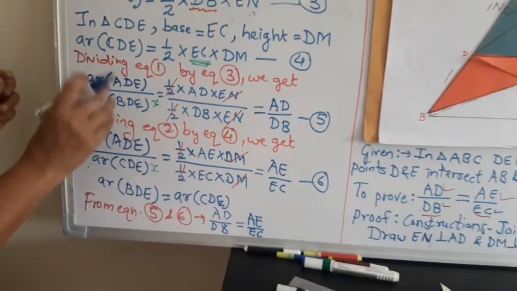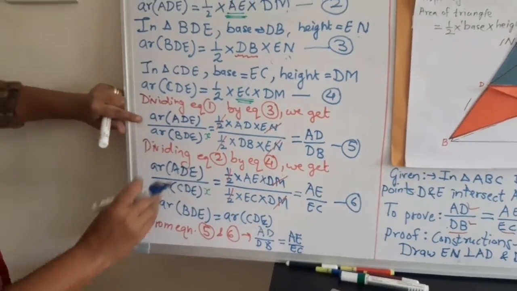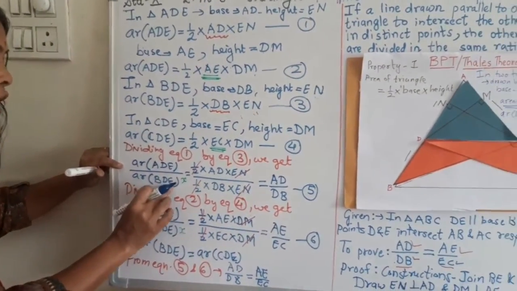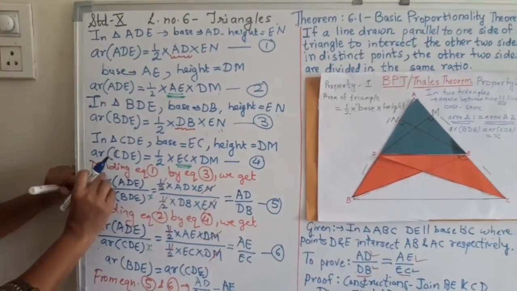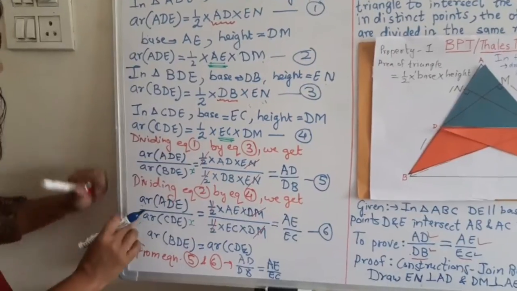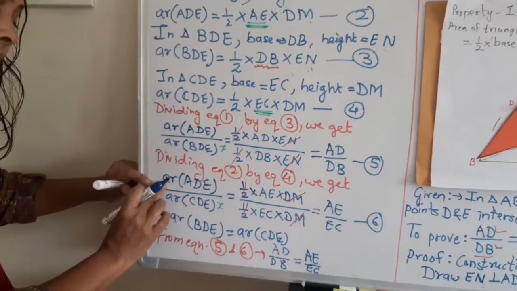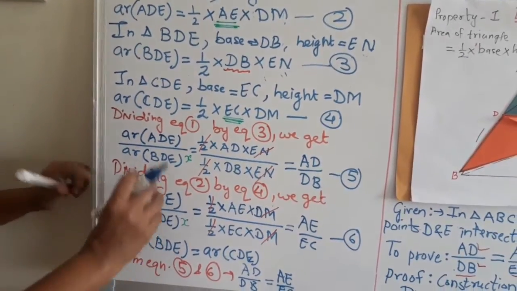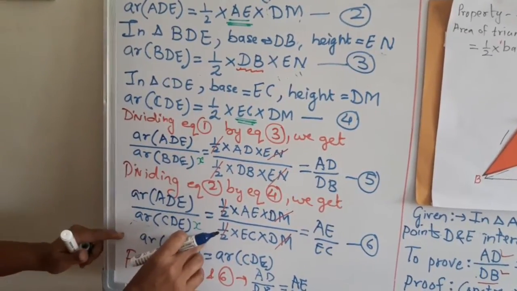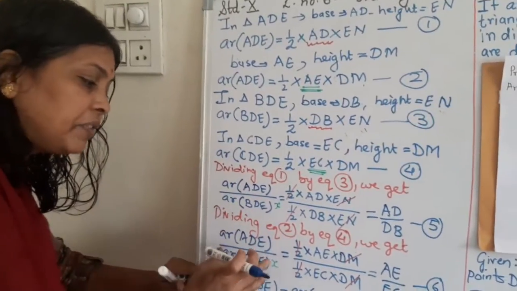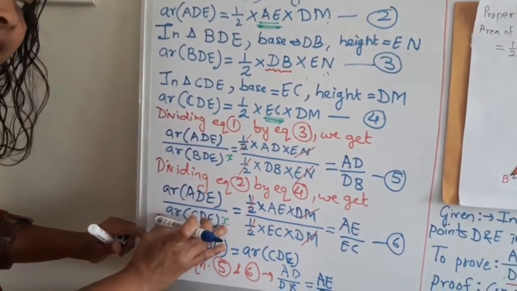It's proved. Now see here, if you pay attention, in equation 5, if you put area of triangle as X, then what do we get on the LHS? Area of triangle ADE upon X. Here we get again in the sixth equation area of triangle ADE upon X. This LHS is equal to this LHS, meaning LHS of equation 5 is equal to LHS of equation 6.